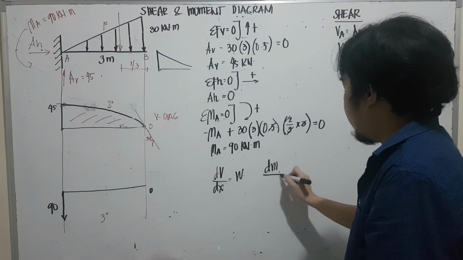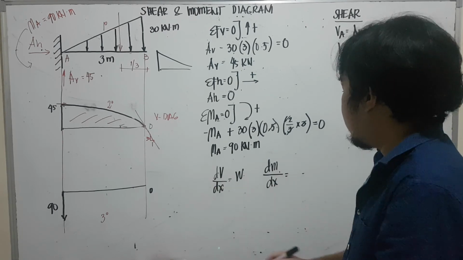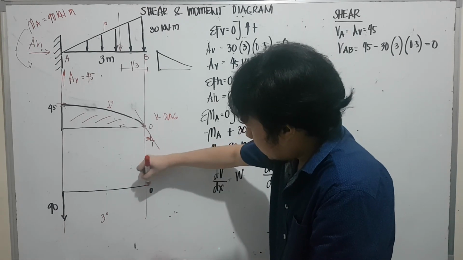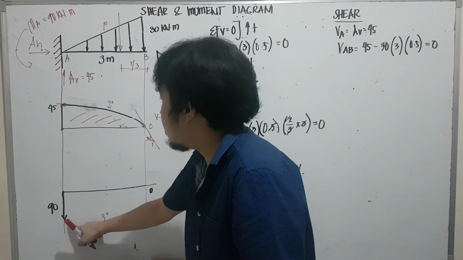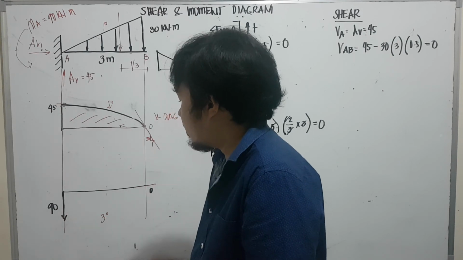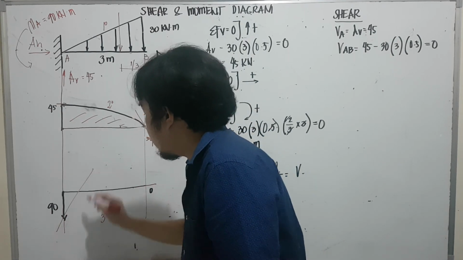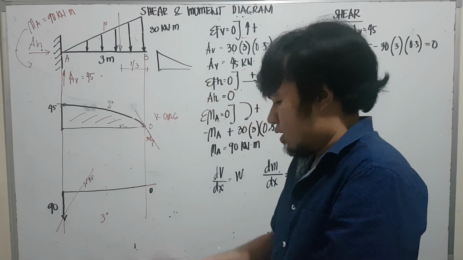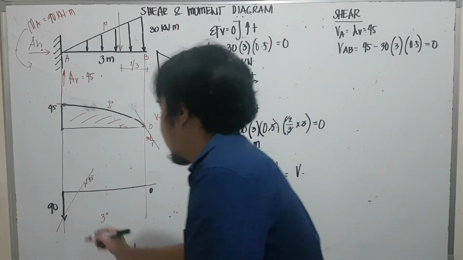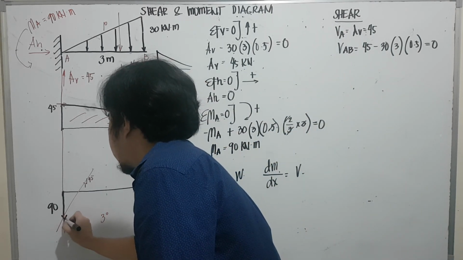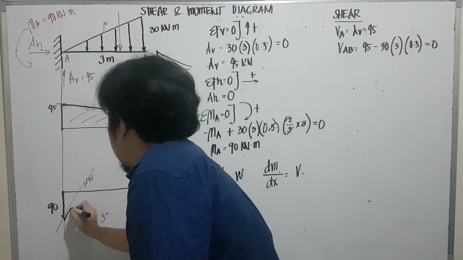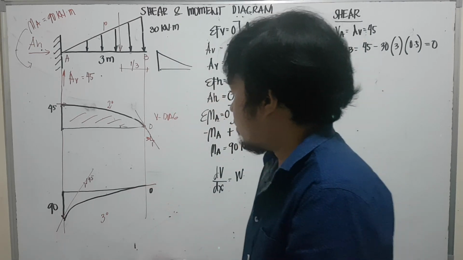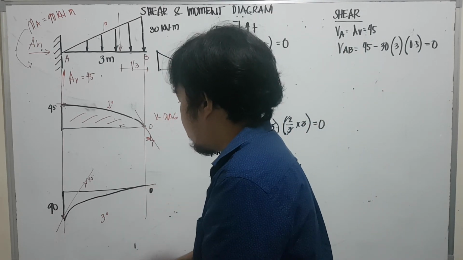The derivative of moment with respect to x is equivalent to the shear at that point. And the shear at that point is 0. So the slope is 0. Here, what is the slope? It is positive 45. So it is expected to go up. So, 45 is to 1. So the behavior is concave downwards.